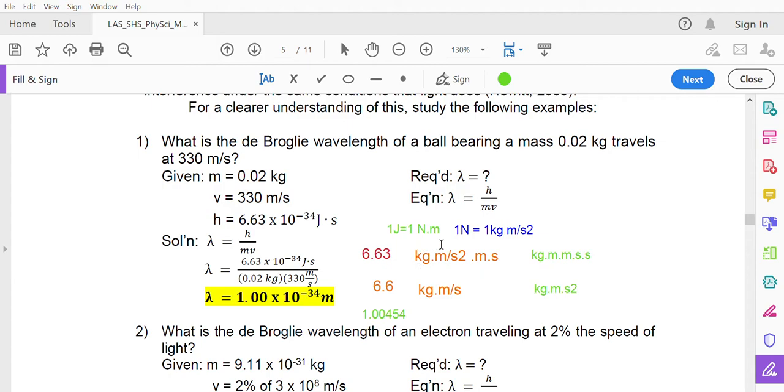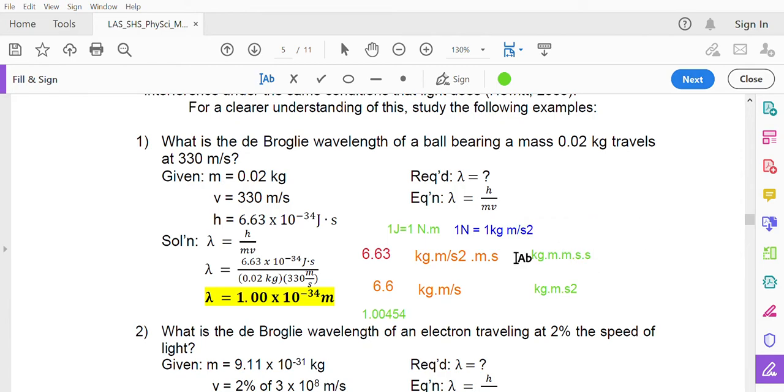When you multiply it, the final expression would be this. We can cancel, because this is in the numerator and this is in the denominator: the kilogram, the meter, the two seconds and the second squared. What is left is this meter. That is why the unit is meter.